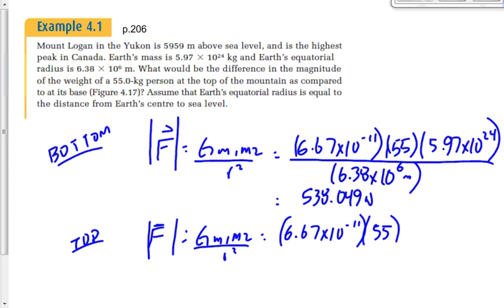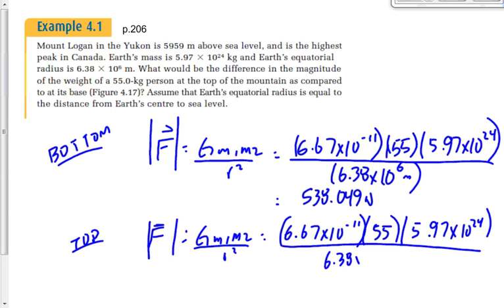Slightly different number on the bottom here, though. This time the radius isn't 6.38 times 10 to the 6. It's 6.38 times 10 to the 6 plus 5959. Because our distance now is from the top of the mountain to the center of the Earth as opposed to from the bottom of the mountain to the center of the Earth. So let's figure this one out.